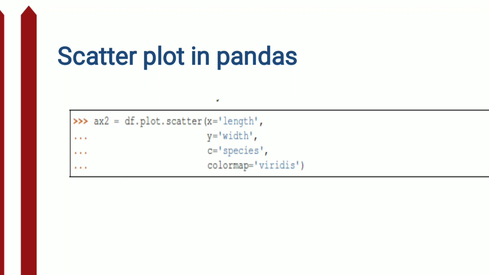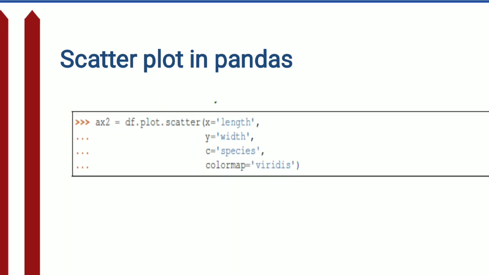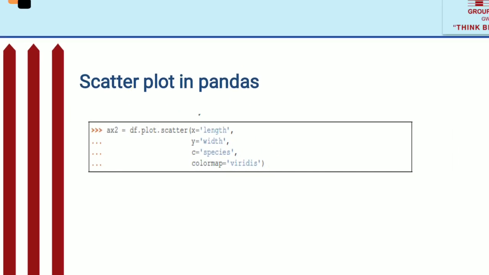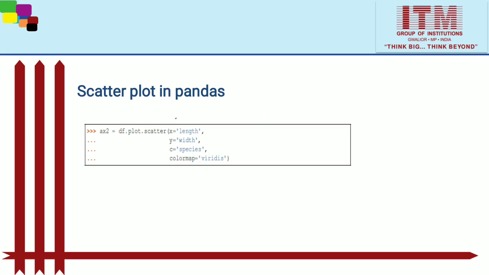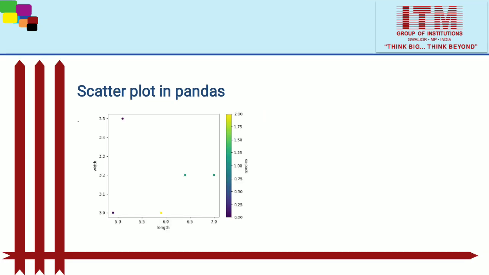This is the syntax that we are using over here. Here it is to be noted that in the x axis we are taking length, in the y axis we are taking the width, and in the c we are taking the species. So when we plot this, you will get the diagram in this way.